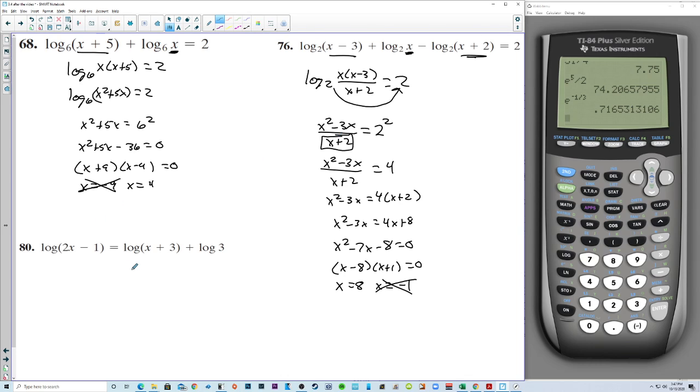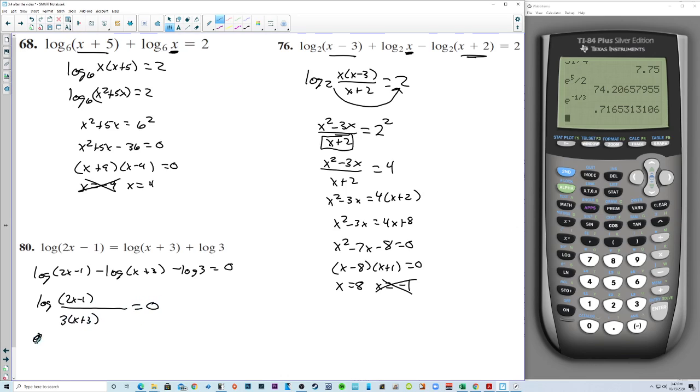Well, this is a very similar problem. They're just on opposite sides. So let's get them together. Minus log of x plus 3 minus log of 3 is equal to 0. So log of 2x minus 1, got minus, so over 3 times x plus 3 is equal to 0.